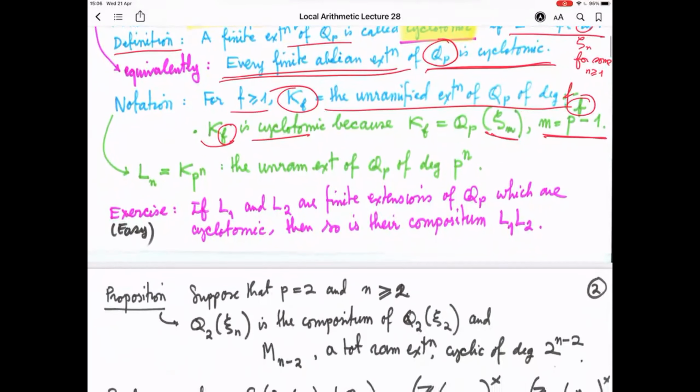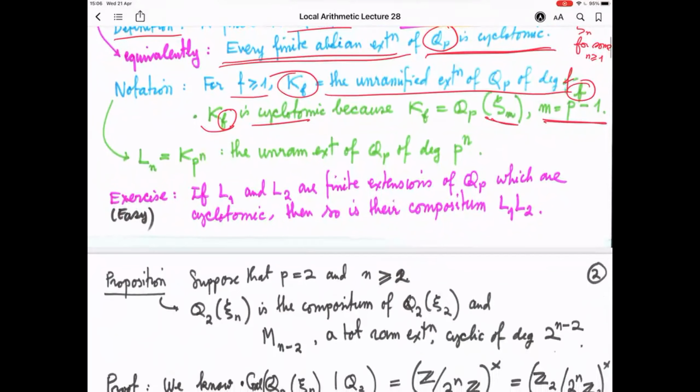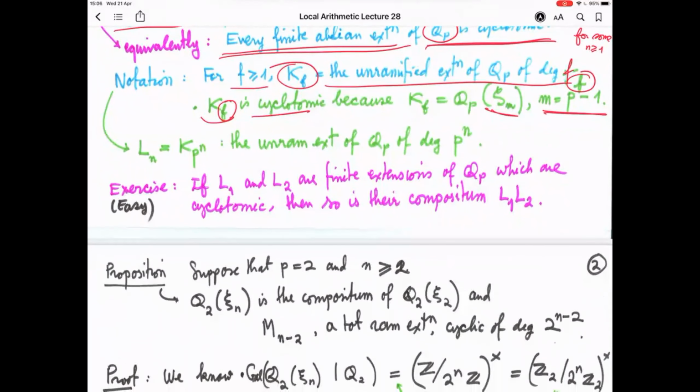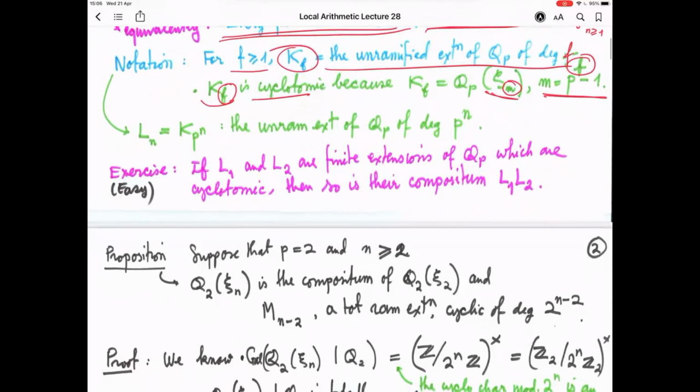This is something which we must have proved already: when you adjoin a primitive mth root of unity for some m which is prime to p, you get an unramified extension, and you have computed the degree of that extension in terms of m. So this should be fine, right?